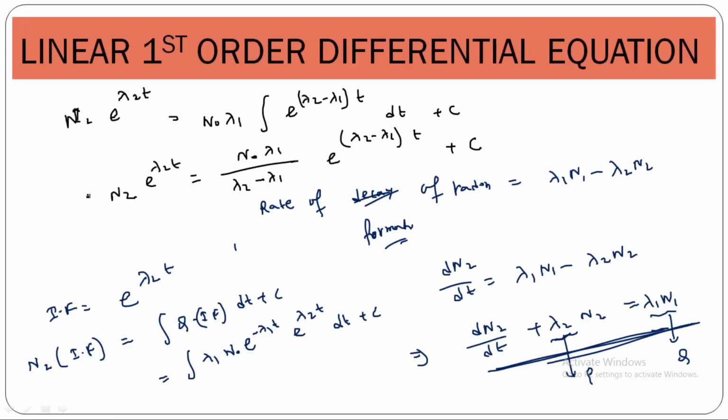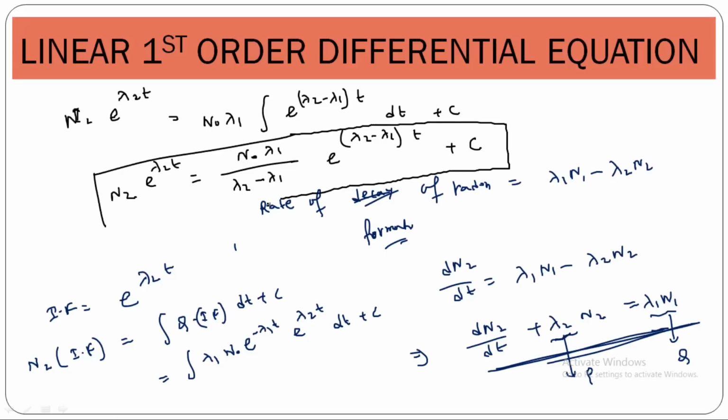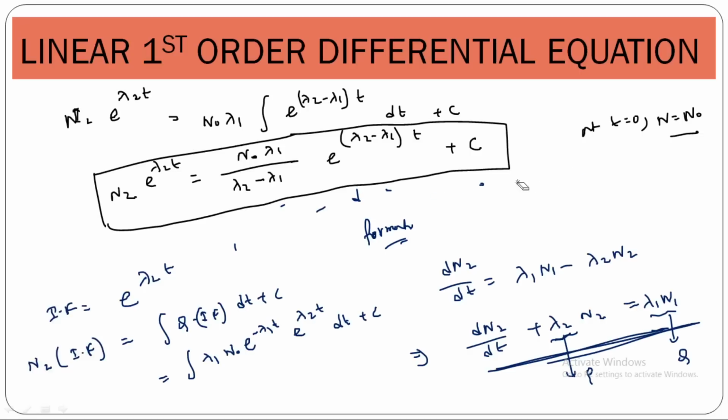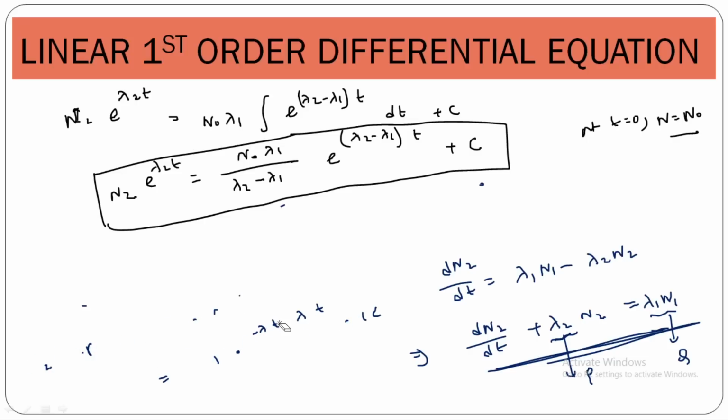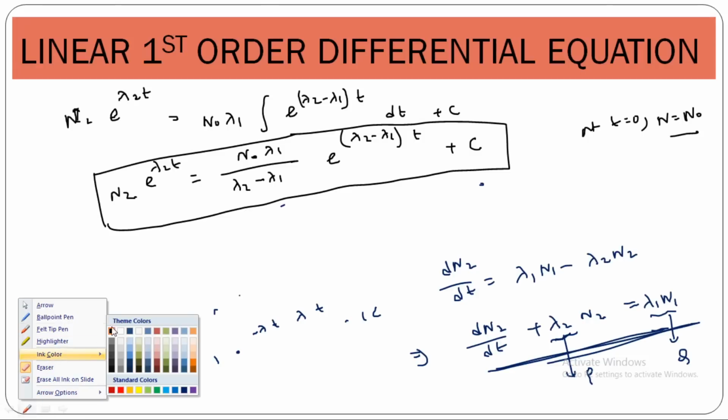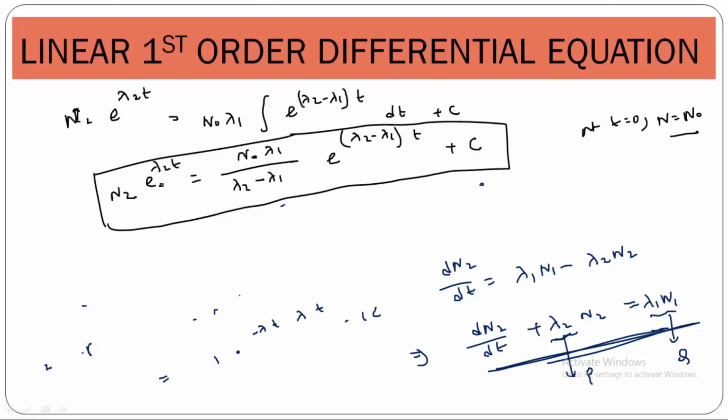And if you want to find the constant c, then you have to put at t is equal to 0, n is equal to n0. So let me solve this also.